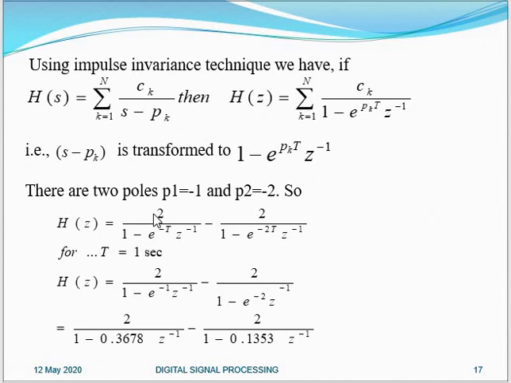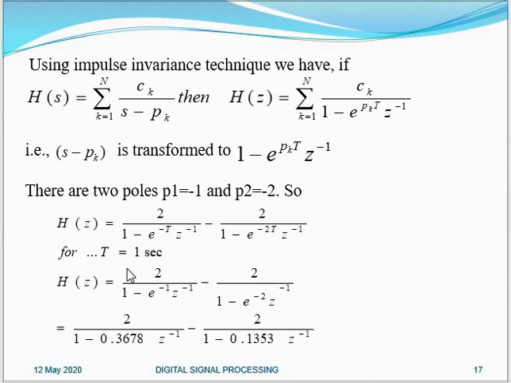So H(z) is equal to 2 by 1 minus e to the power minus T z to the power minus 1 for this minus 1, and 2 by 1 minus e to the power minus 2T for this pk, you are giving the value of this pk. pk is minus 1 and minus 2. Here we are placing pk equals minus 1 and here we are placing pk equals minus 2.